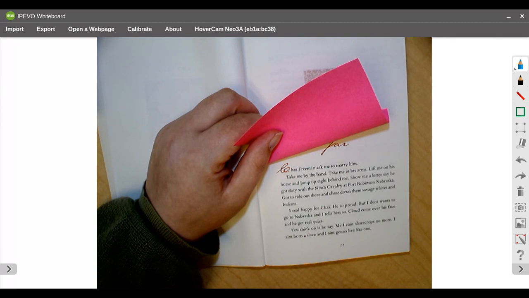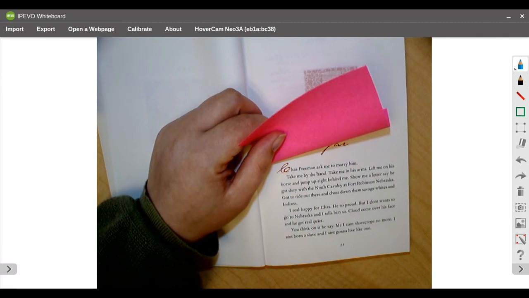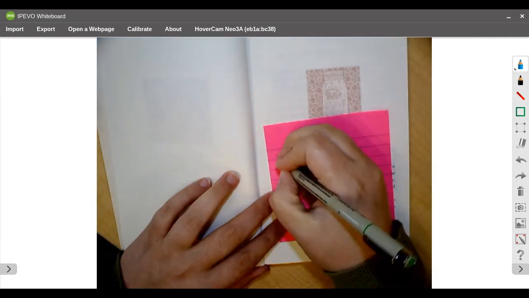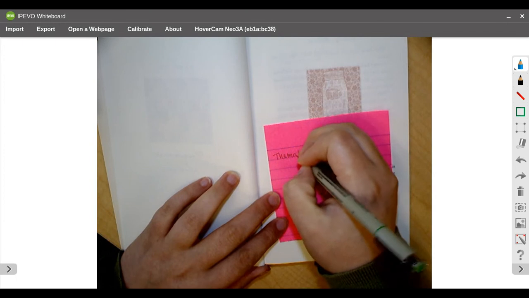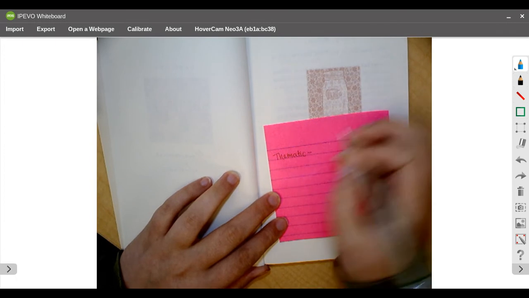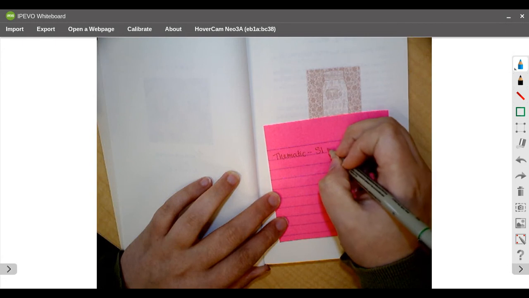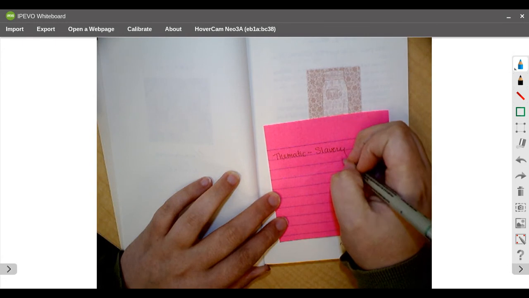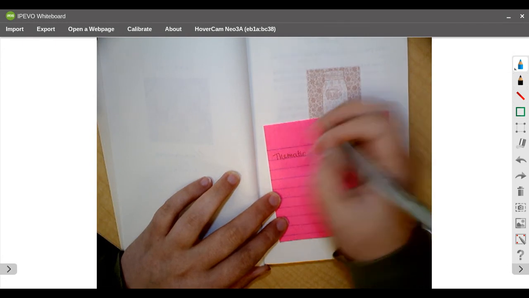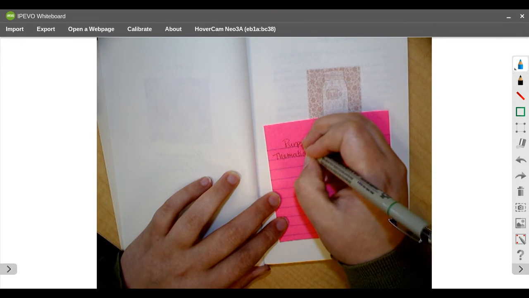And for me, this seems to be very much about slavery. Okay? So I'm going to put thematic topic at the top here, and it's going to be about slavery. Okay? And then we know that our purpose is voice.